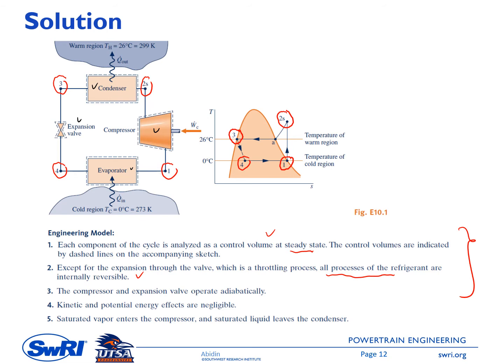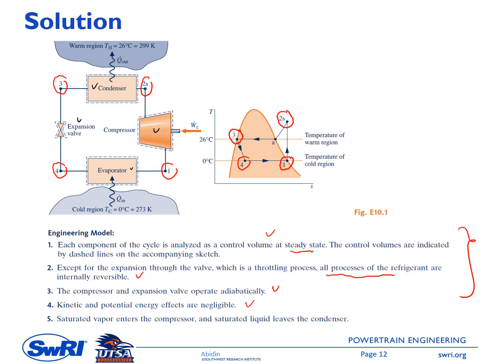So this is inside the evaporator, inside the compressor, inside the condenser, and so on. Number 3 is that the compressor and expansion valve operate adiabatically. For the one inside the compressor, when you combine assumption number 3 with assumption number 2, this means that the compression process is an isentropic process.